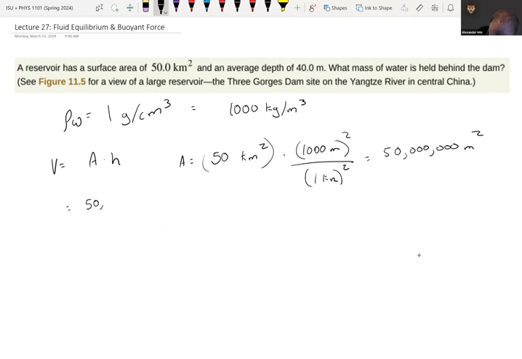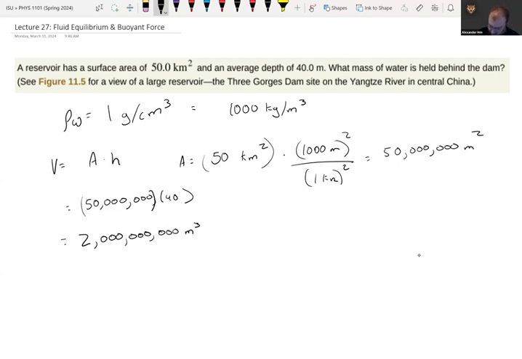So this will be 50 million times 40 meters of depth, which will give you, so times 4 would give you 200 million, times 40 would give you 2 billion meters cubed.